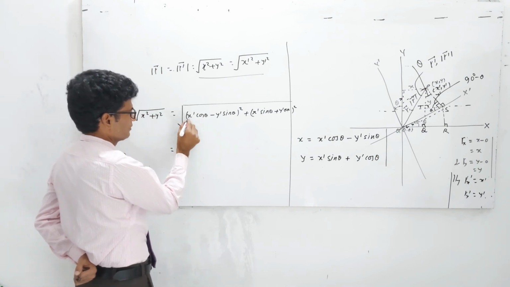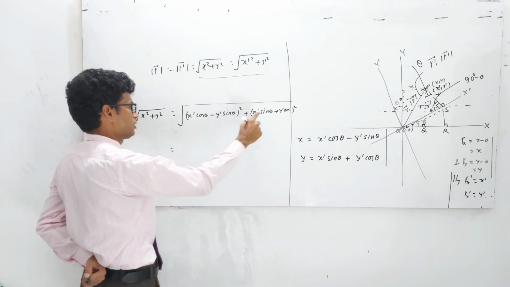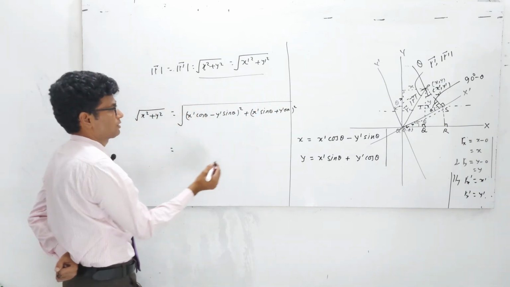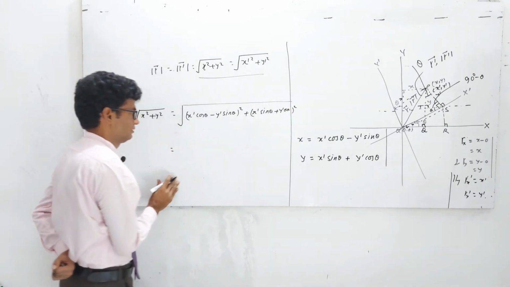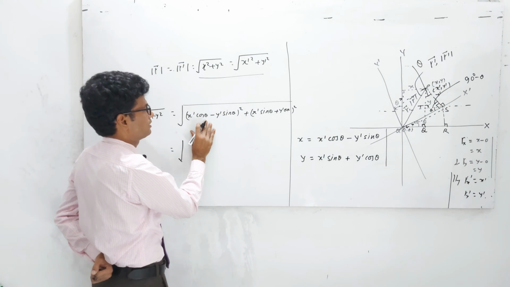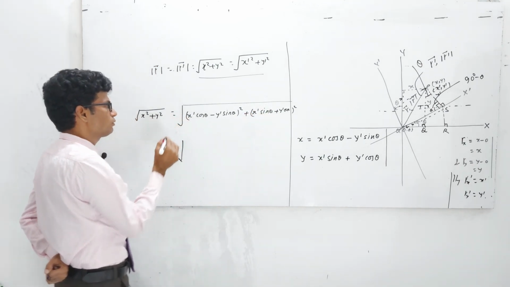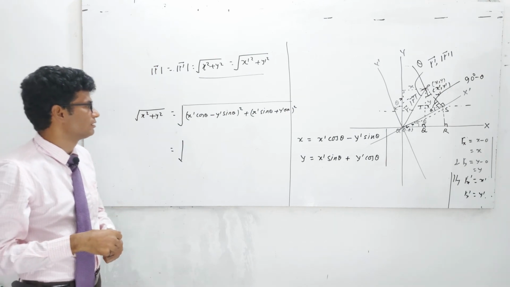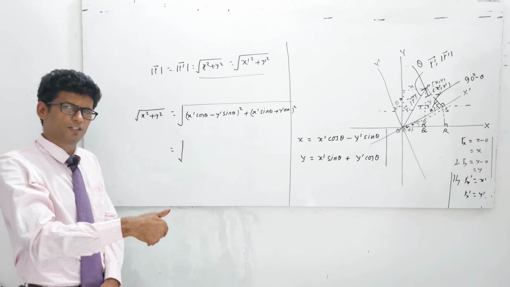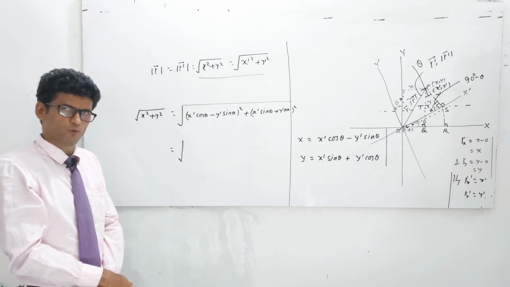So square of these two terms, minus of 2 times of that, square of these two terms, plus of that. Look at here, x prime square cos square theta, and here x prime square sin square theta. So take out x prime square, so in the bracket cos square theta plus sin square theta, which comes out to be 1.